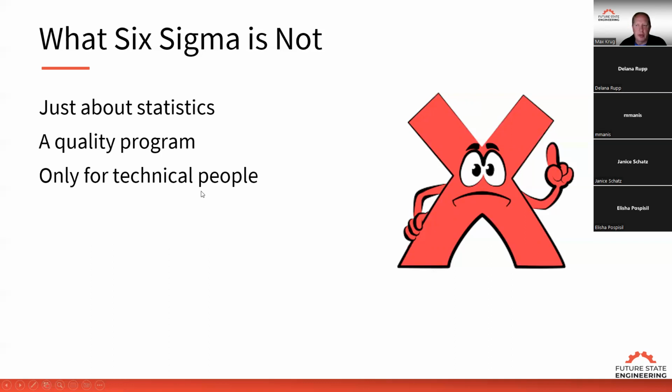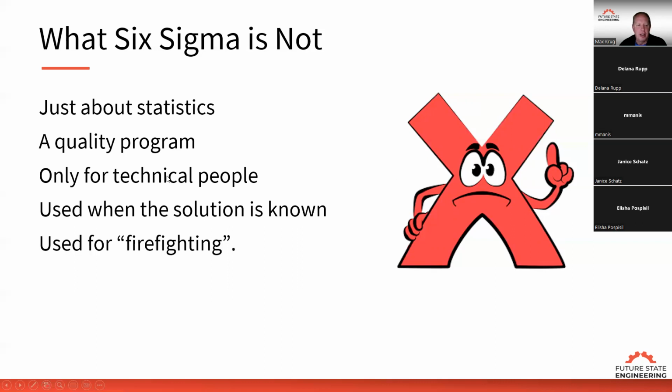That's not true. It's for anybody in the process. So anybody in the process can use these techniques to improve the process. It's used when a solution is known? Like, oh, we already know what the solution is, so let's get the data to support it. No, it's not used for that. And it's not only used for firefighting. It's to get the process stable and capable. We'll talk about what that means.